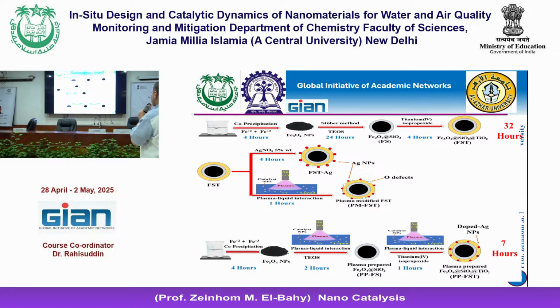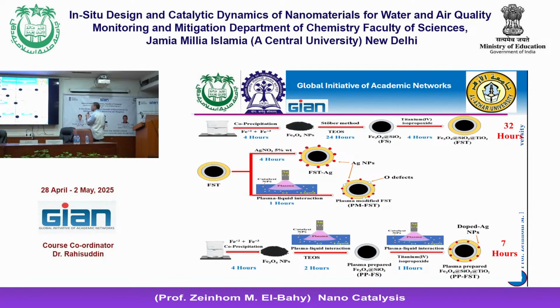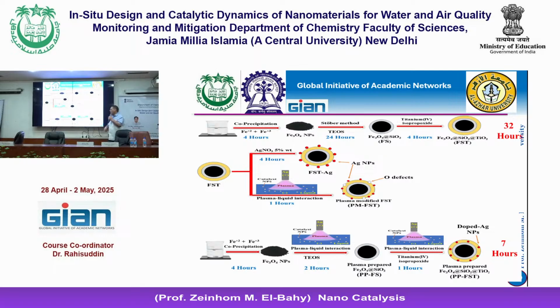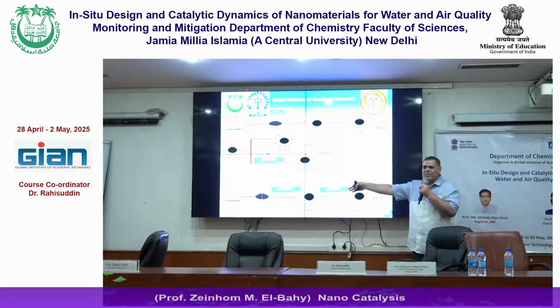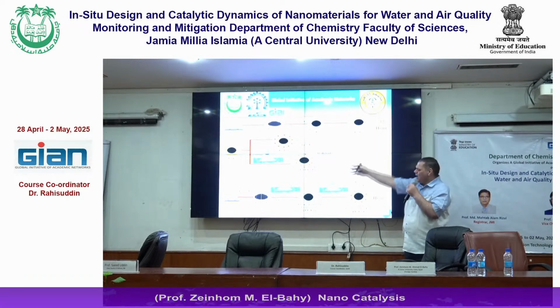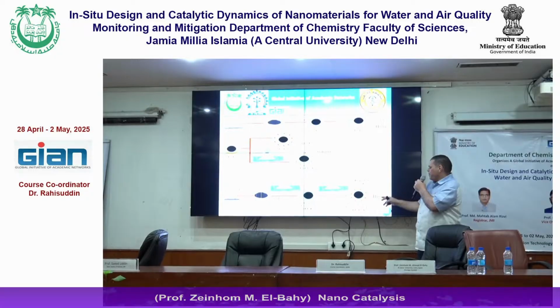What is the difference, Professor, between doing this reaction here and doing it here? Because if I can do it with the conventional method without an additional technique, what is the benefit of using plasma, if we can make it like this and the plasma will be expensive? Because of this factor.